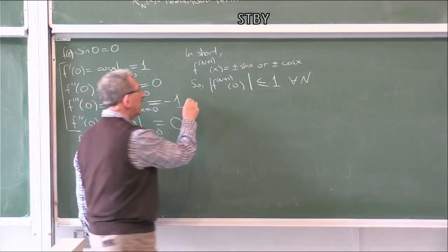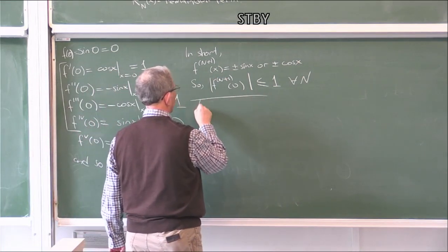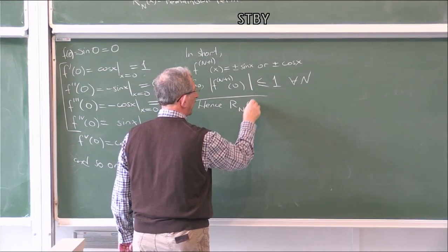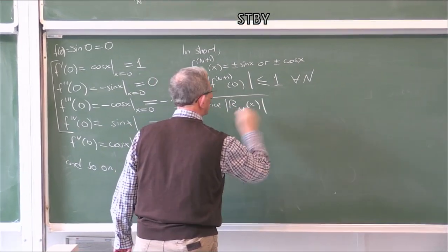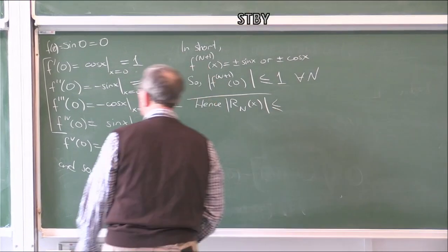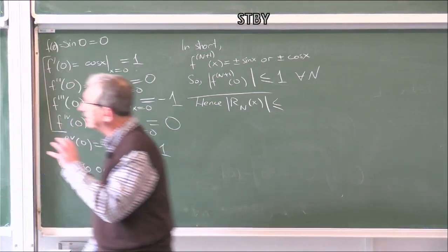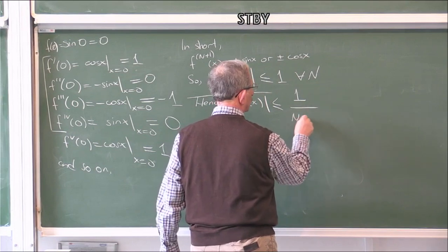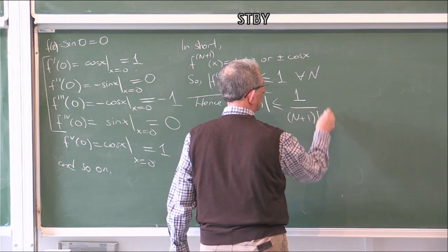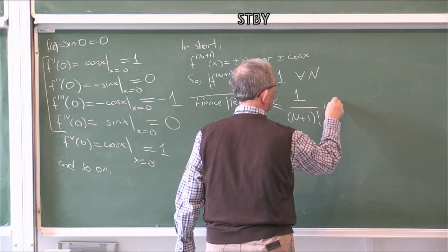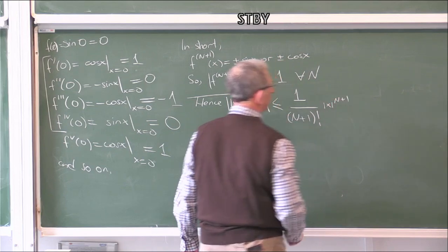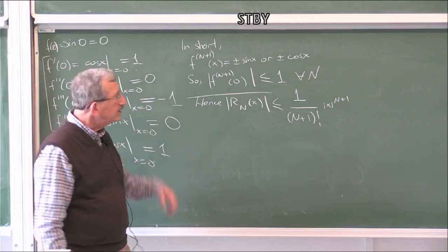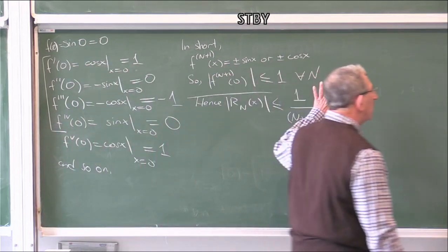This says that our R_n(x) in absolute value is smaller than or equal to, if we look at the formula, 1 over n plus 1 factorial times x to the power n plus 1. Now, as in the previous case, x is a constant.